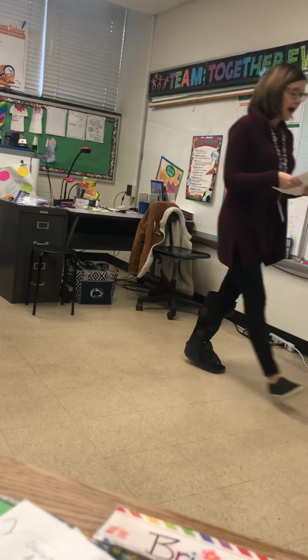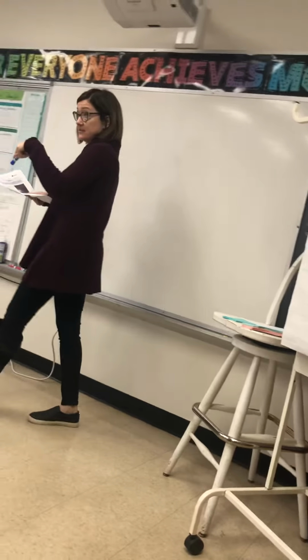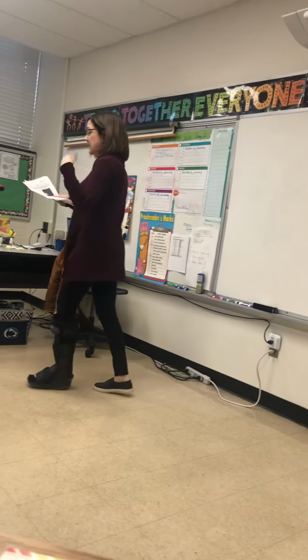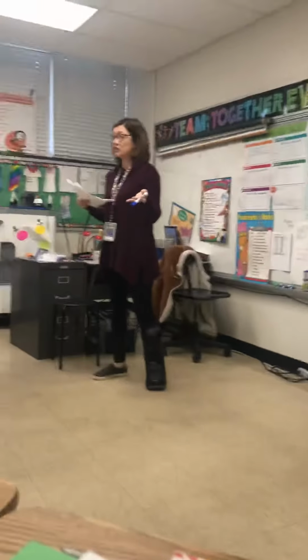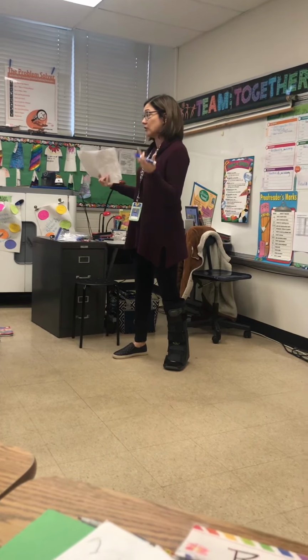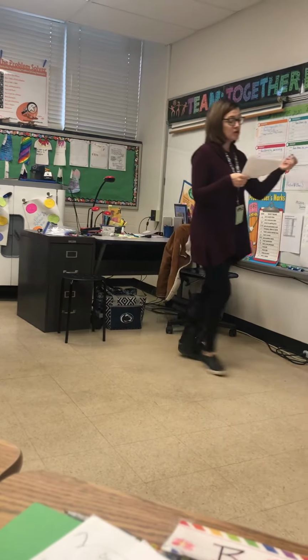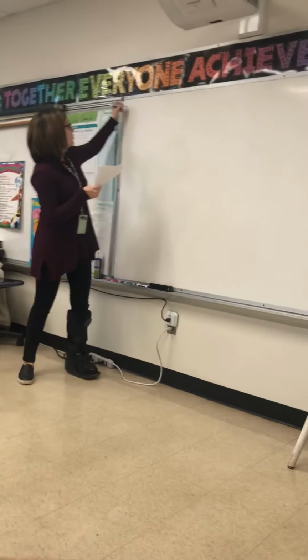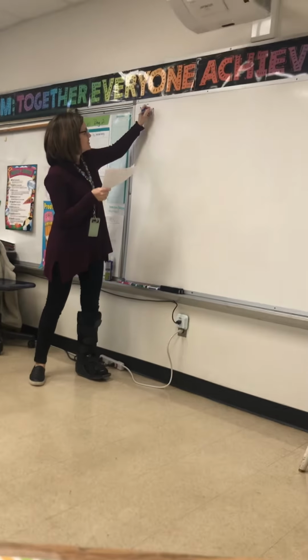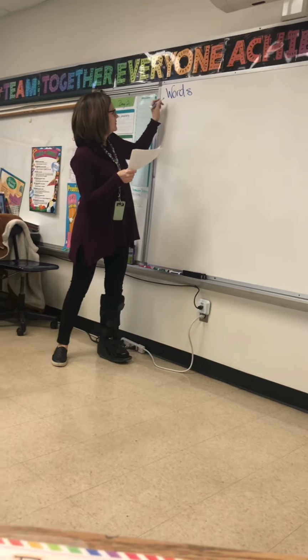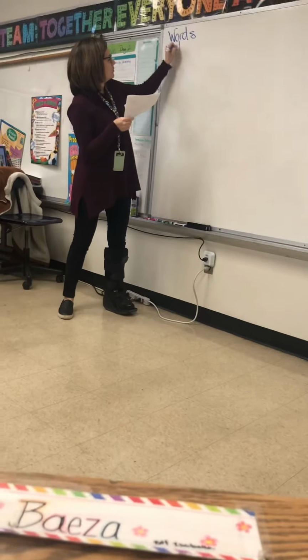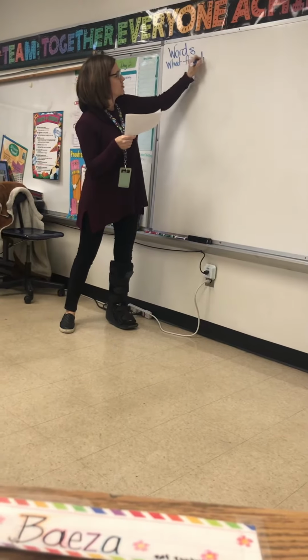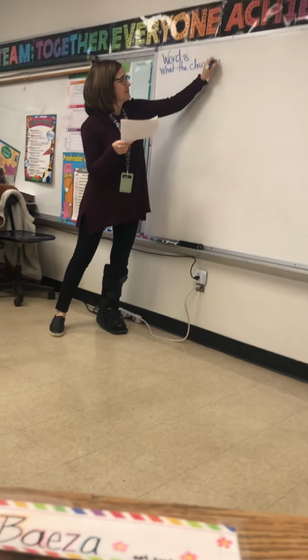So, when I was looking at Feathers, I was looking through 2 different lenses, just like you guys were choosing lenses. And I chose what the character said and what the character did, the actions. So I'm going to start with the words. This is my first lens: what the character says.